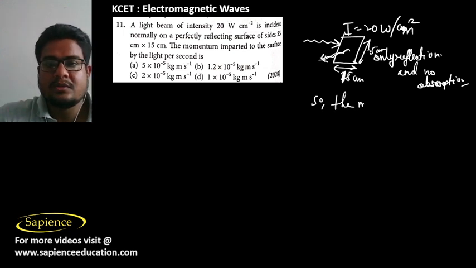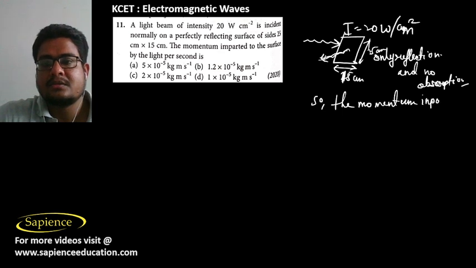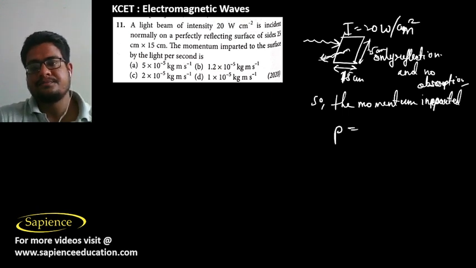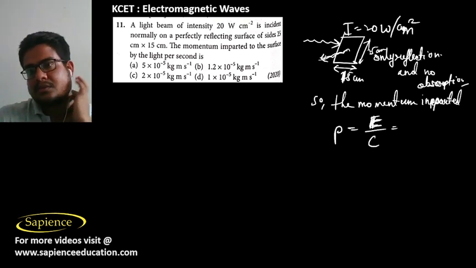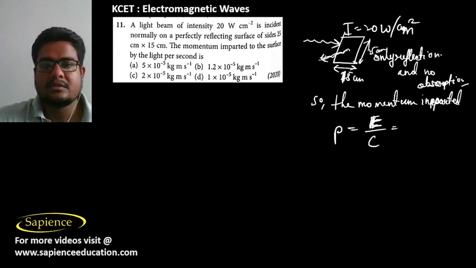So therefore, the momentum imparted P is equal to E by C, where energy is given by intensity.